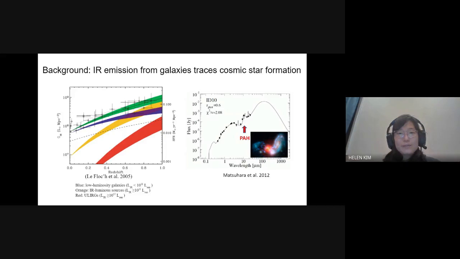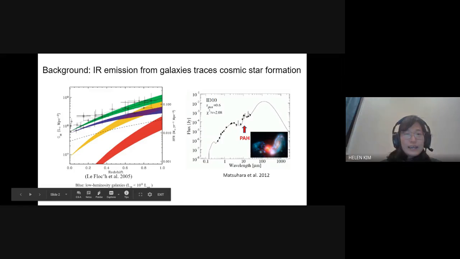So we know that the infrared emission from galaxies traces cosmic star formation. And we can see this in looking at the infrared luminosity density, on the plot on the left here, as a function of redshift.